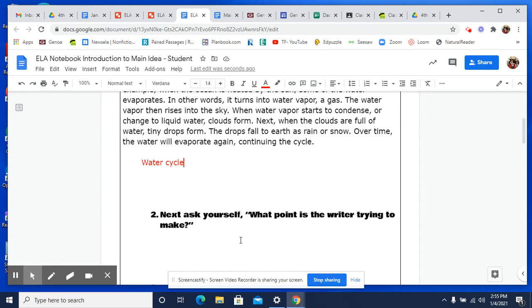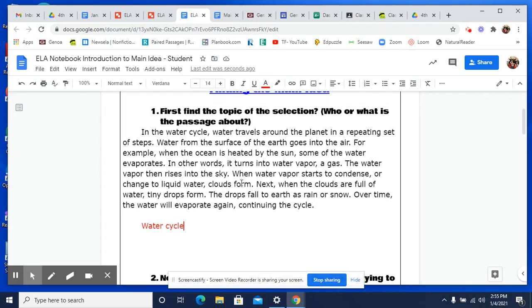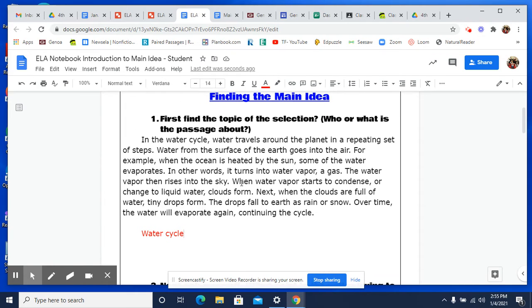Next, ask yourself, what point is the writer trying to make? So when you were reading this, what was the main point that this writer was trying to make? And remember, whatever that point is, the details have to support it. They have to prove it, okay?